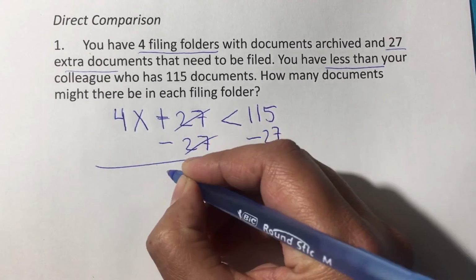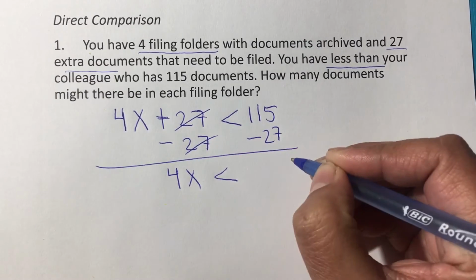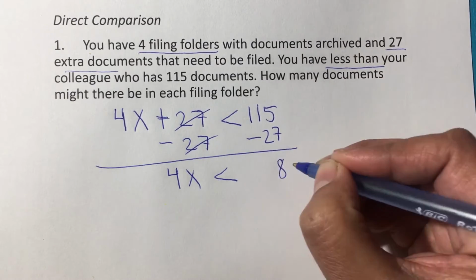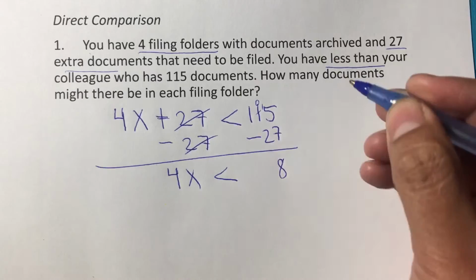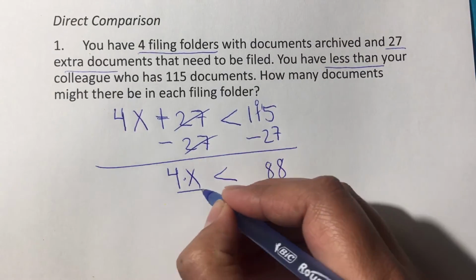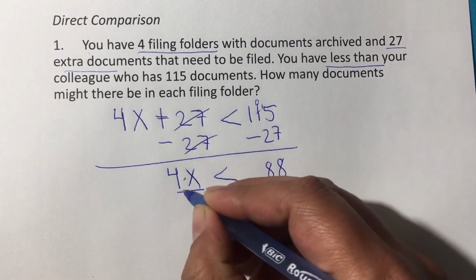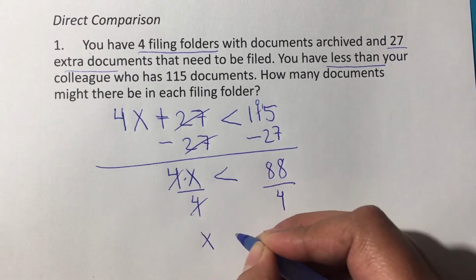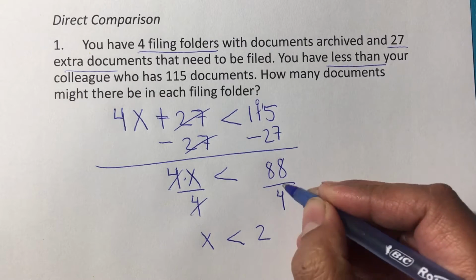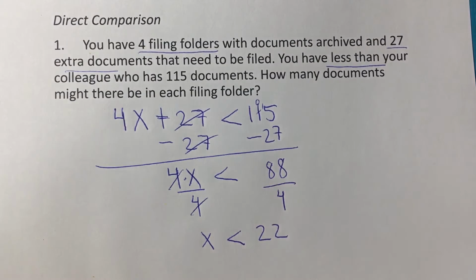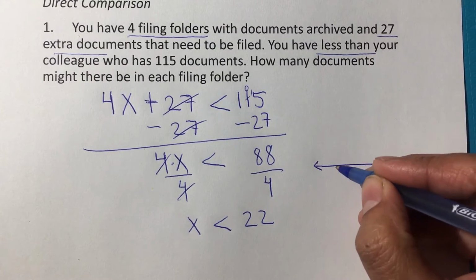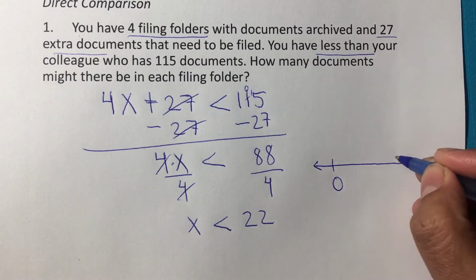And so we get 4x plus 27 is less than 115, take away 27 is 88. If we're multiplying, the opposite of multiplication is division. And so x is less than, the 4 goes into 88 22 times, so it's 22. To show that, we are going to graph it, and you can just put 0 and 22.